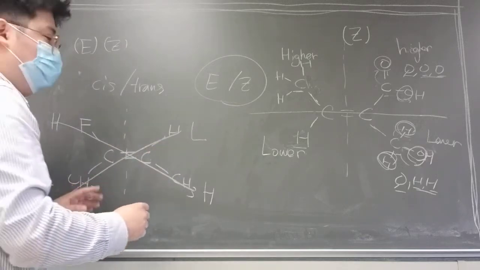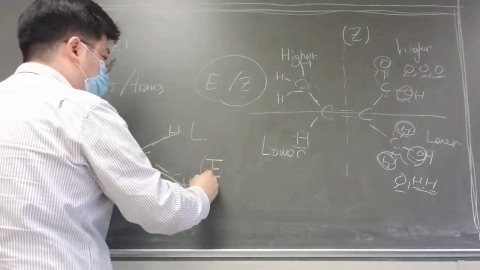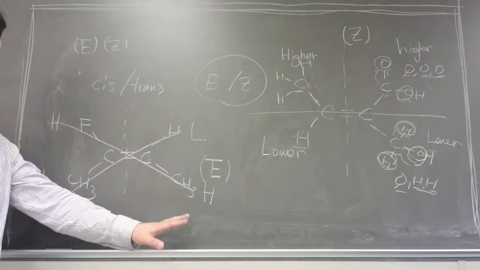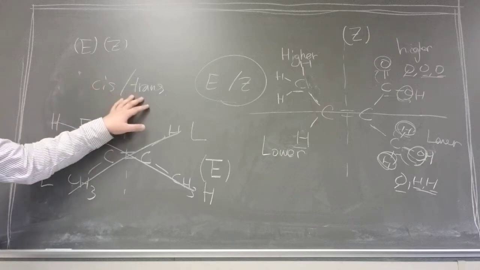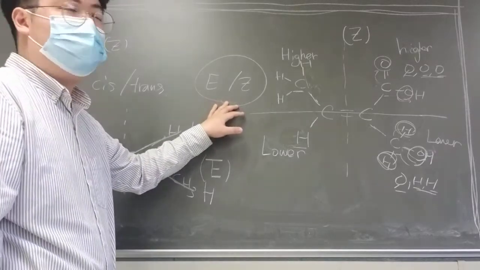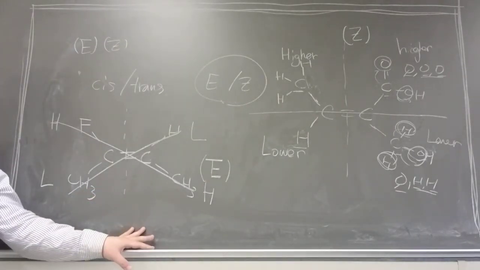In this case, we're going to call this the E configuration. This will avoid some type of confusion you may see with cis and trans isomers. So sometimes E and Z is a better system you can apply. So this is what we left off last Friday.